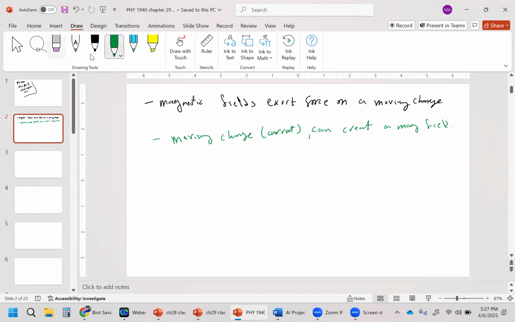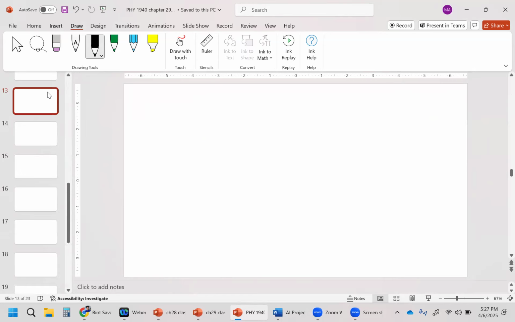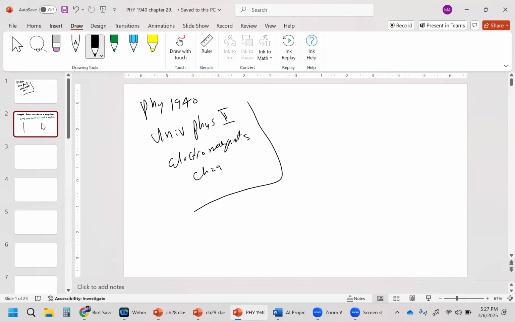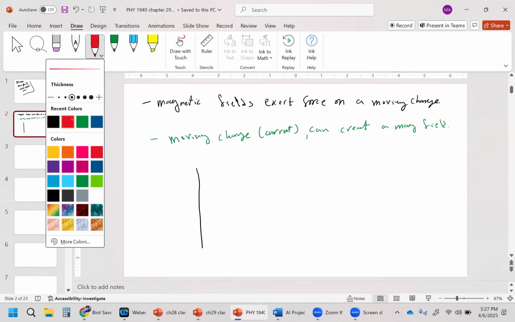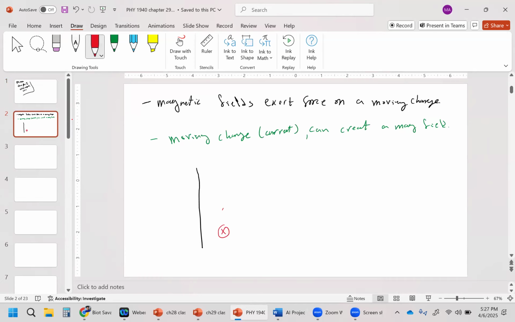And as we've seen from the previous chapter, we have a straight wire. This straight wire, we have the magnetic fields. This is going out, and this is going in. Actually, let me get a different color on these. So here's your out. This is going in the screen.